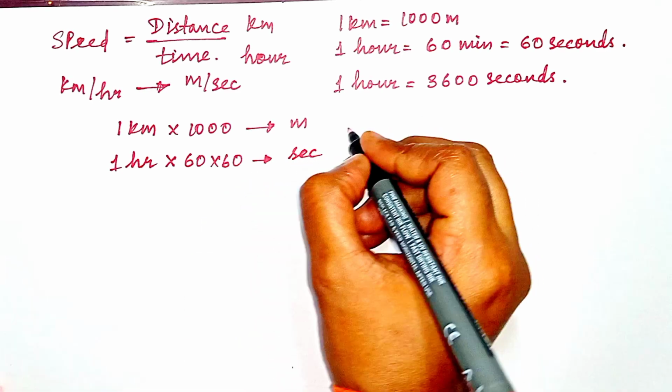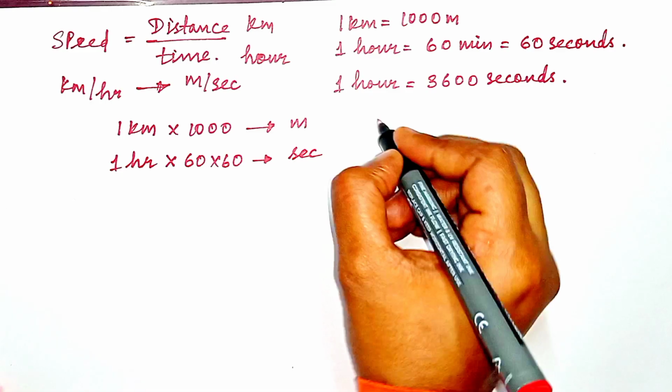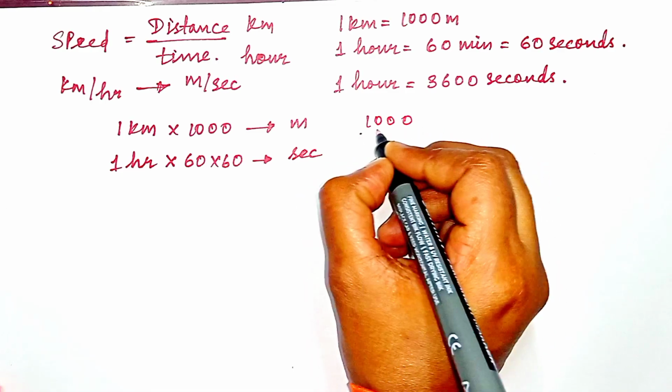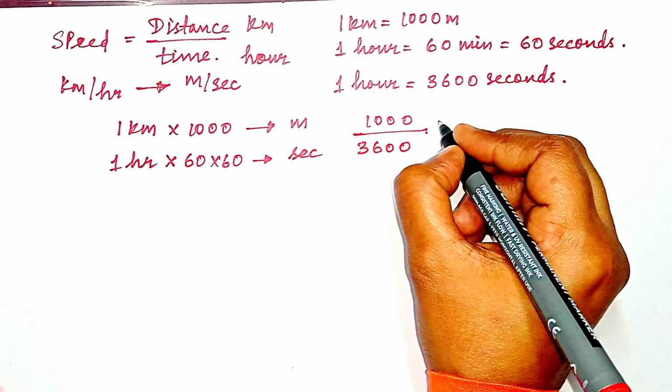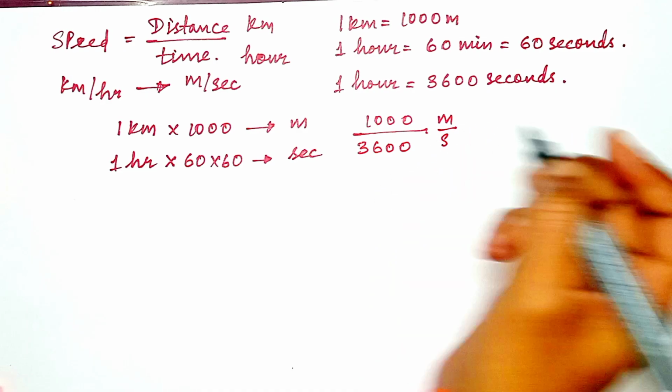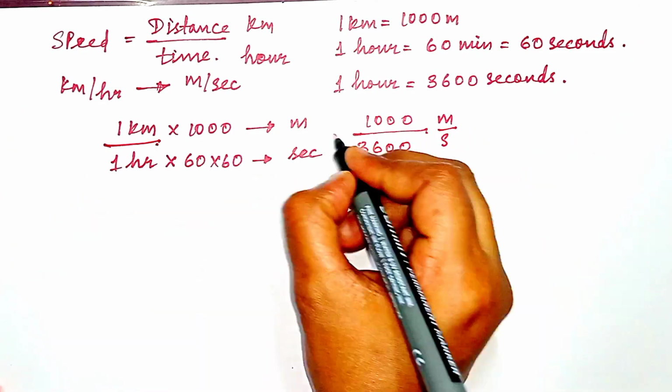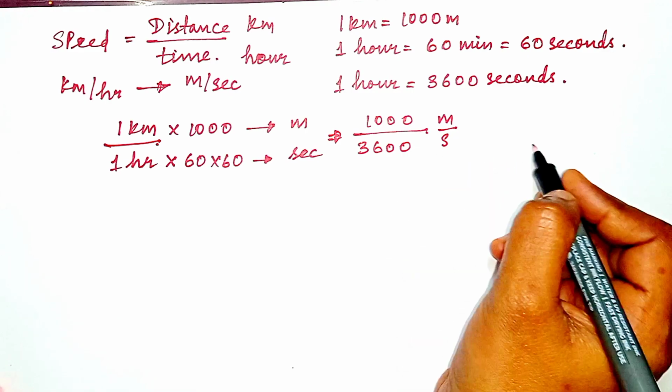So this would directly convert into meter per second. So 1000 by 3600 will directly give you meter per second, from 1 kilometer per hour to meter per second.